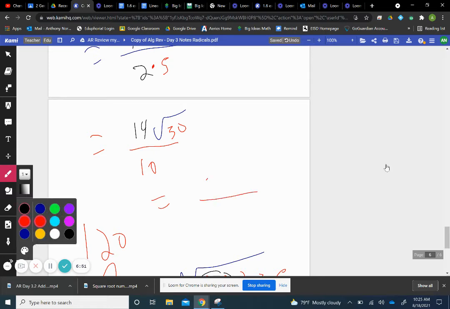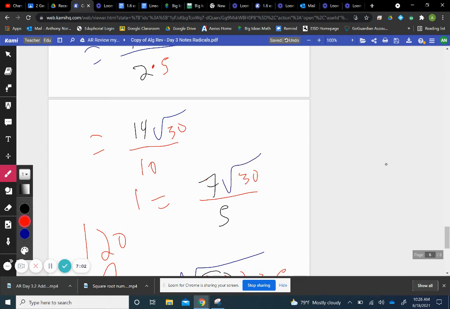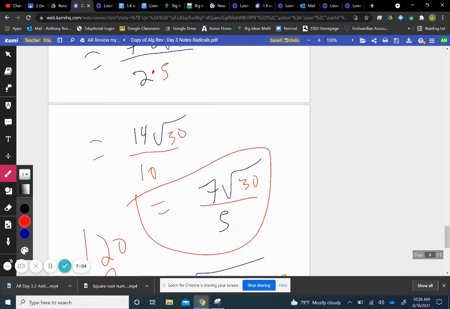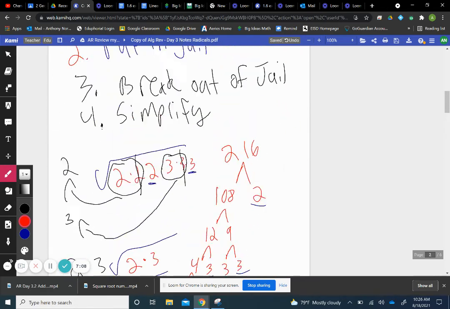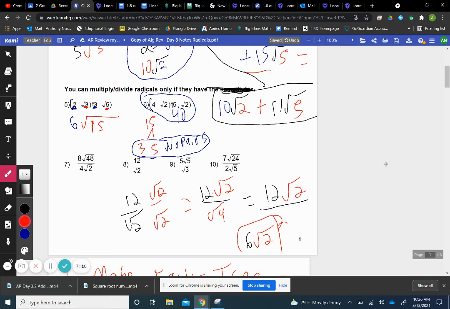That gives us 7 over 5 roots of 30. Remember, we can only simplify what's in the radical. So 10 is 7 roots of 30 over 5.